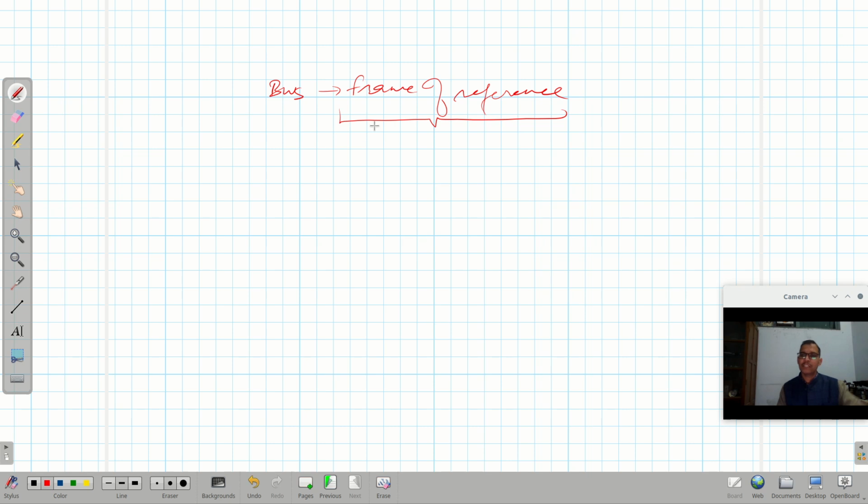Initially the bus is stationary at the bus stand, so the bus station is also a stationary frame of reference, and the bus is also stationary. But when the bus starts moving, it is moving with certain velocity with respect to the bus station. So that means the moving bus is basically a moving frame of reference.